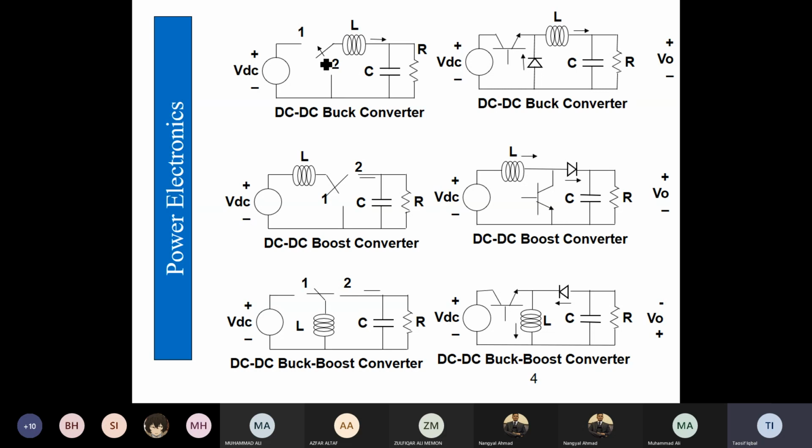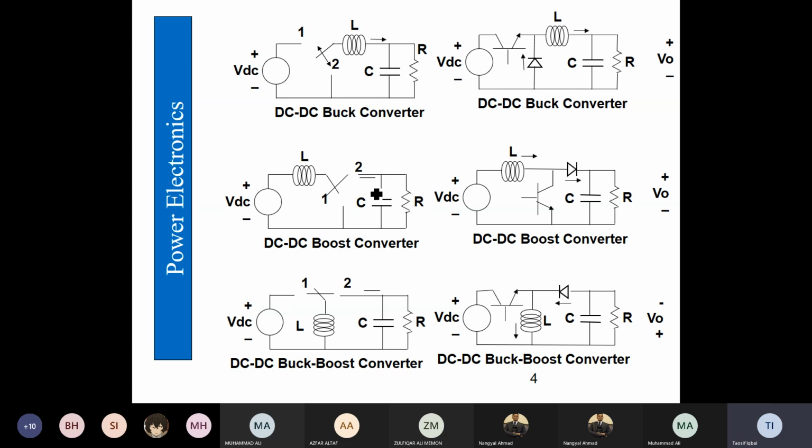So in buck converter, where we are stepping down the input DC voltage, we have switch and diode first, then inductor and capacitor as a second order filter to filter out the square wave sort of or pulsated DC into a stable DC.